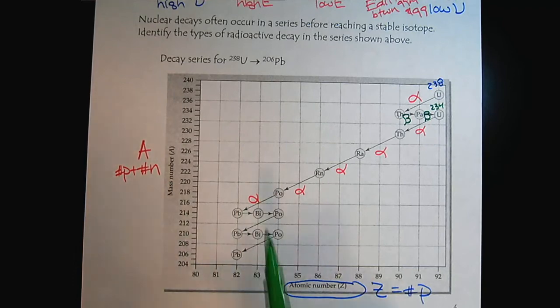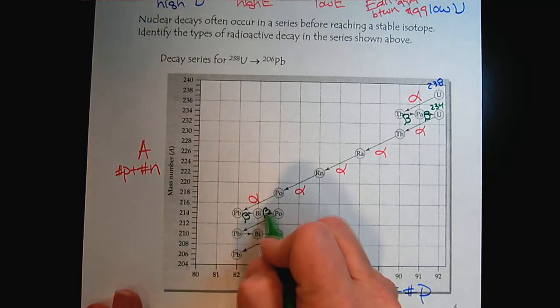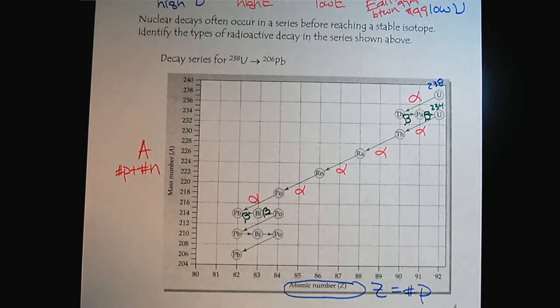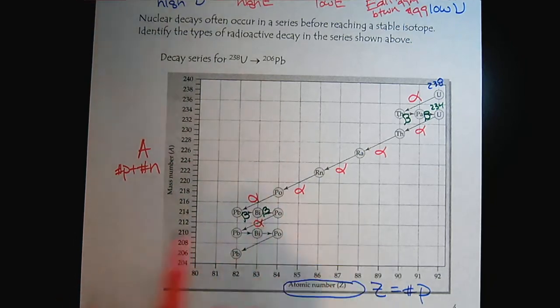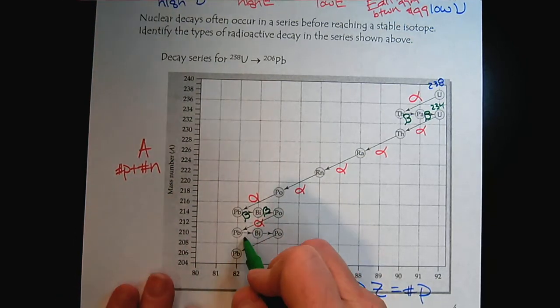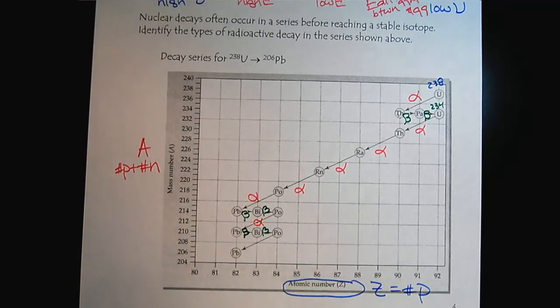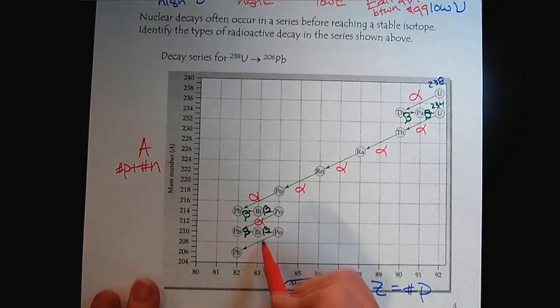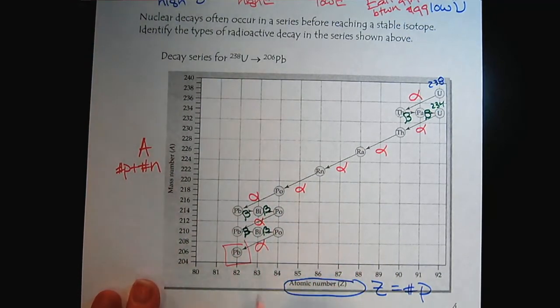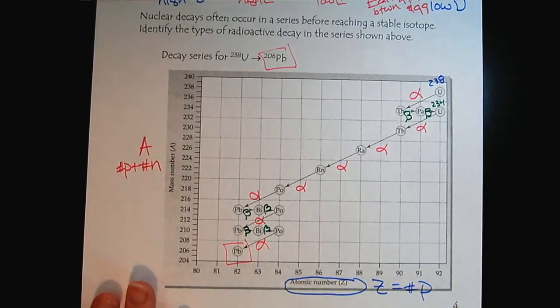And then we have a couple more beta decays, and then that leads us to another alpha, and then 2 more betas. And finally, we get to an alpha, and now we have our stable isotope.